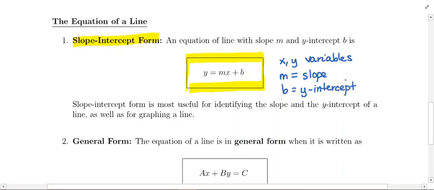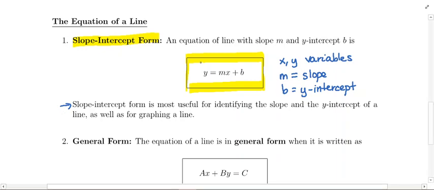If you read what this particular equation is good for, it says right here, slope-intercept form is most useful for identifying the slope and the y-intercept of a line.